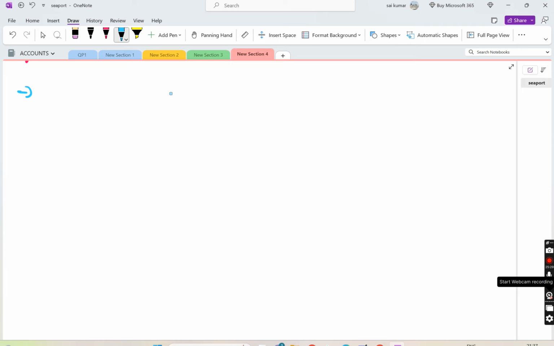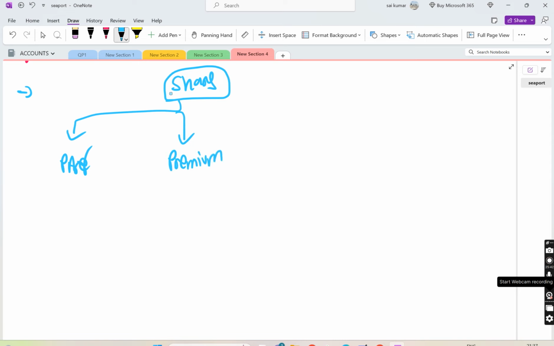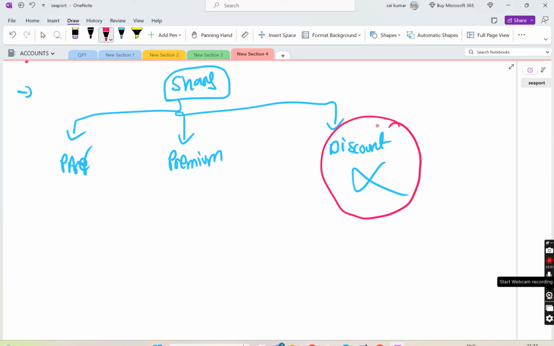Okay, now shares can be issued at par and premium and discount, but currently shares cannot be issued at a discount. Now if it is par, let's just say the face value is 10 rupees, if it is equal to the face value, it is par.